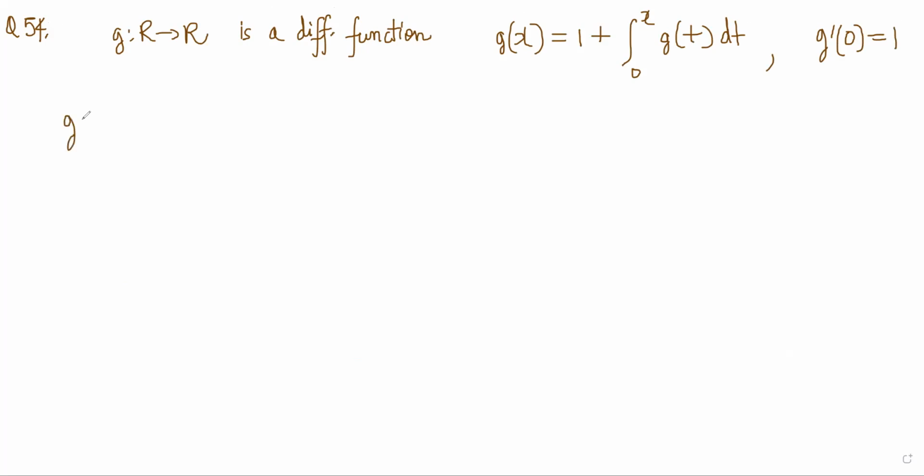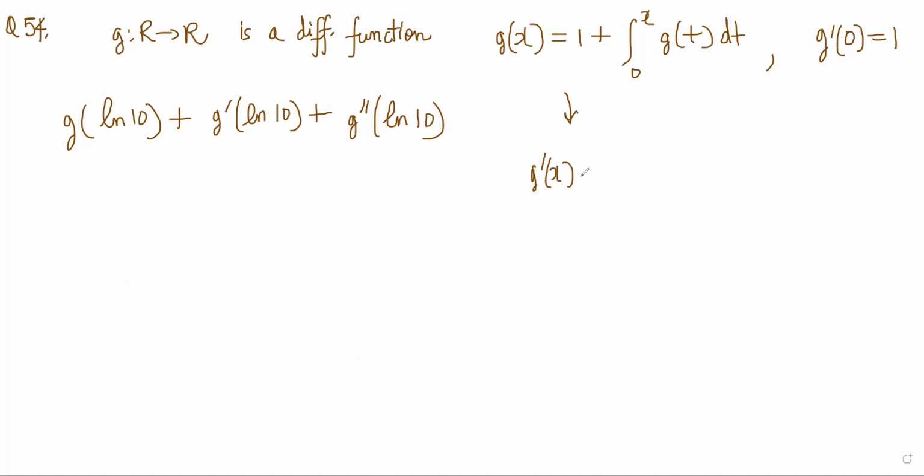Now you have to find out the value of g of ln 10 plus g dash ln 10 plus g double dash ln 10. So let's find out first g dash x. g dash x will be simply g of x, right?